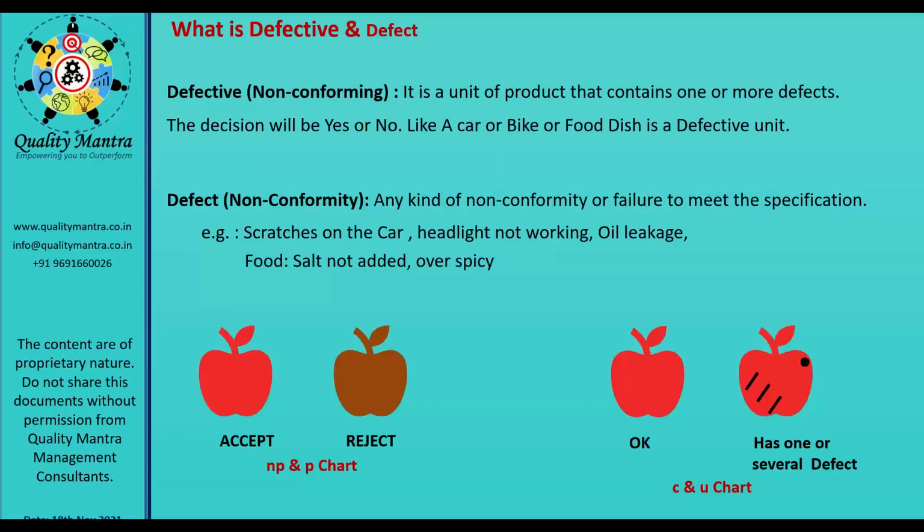Is it possible, or is it okay if your number of units are changing every day? From the absolute number, can you say that yes, this is the best day and this is the worst day? Because your number of units are changing, you don't know.